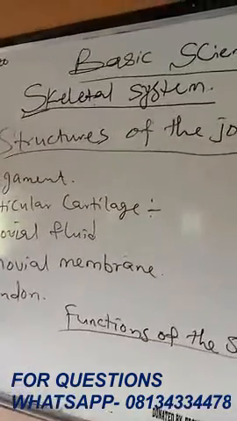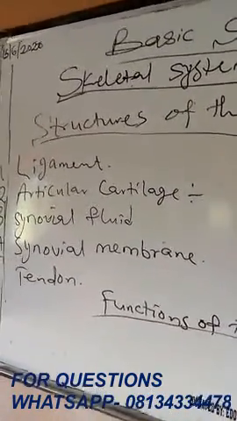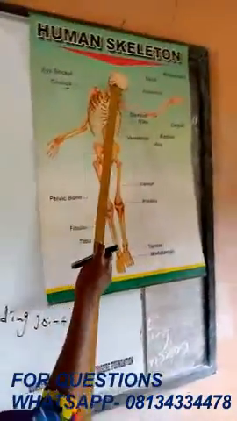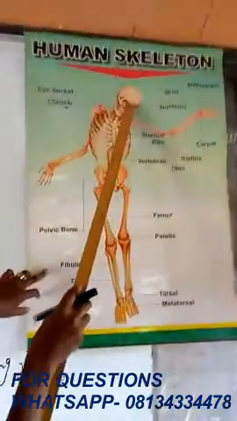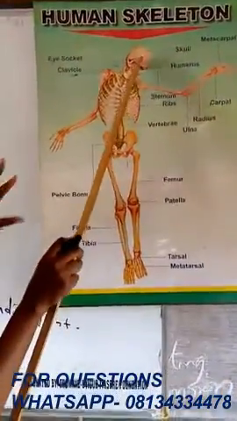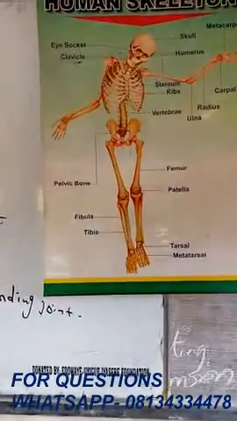The skeleton protects some delicate organs in the body, like the brain. You can see from our diagram here, from the skeletal structure, the skull is the bony structure that encloses the brain. So it protects the brain.